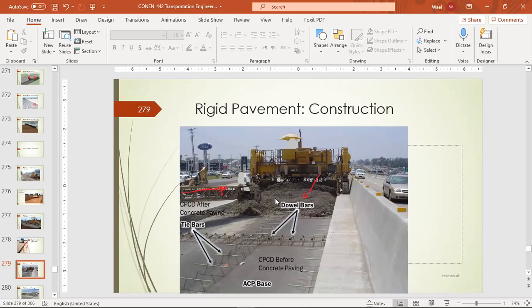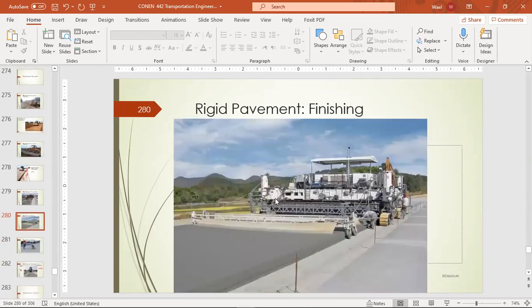There is another technique, similar to the asphalt finishers, which is an equipment like this, and from that end the concrete is poured and it goes this way. It places the concrete, compacts it, and makes the surface finishing and all these aspects.